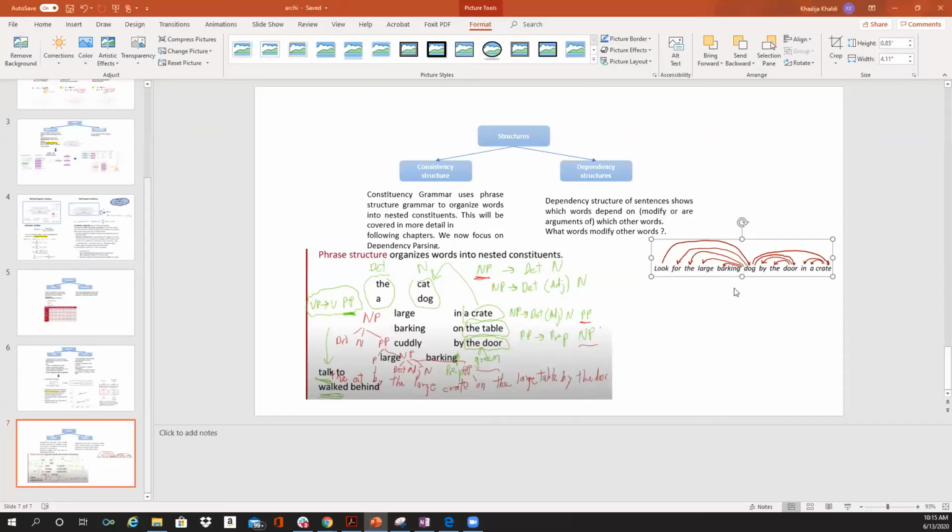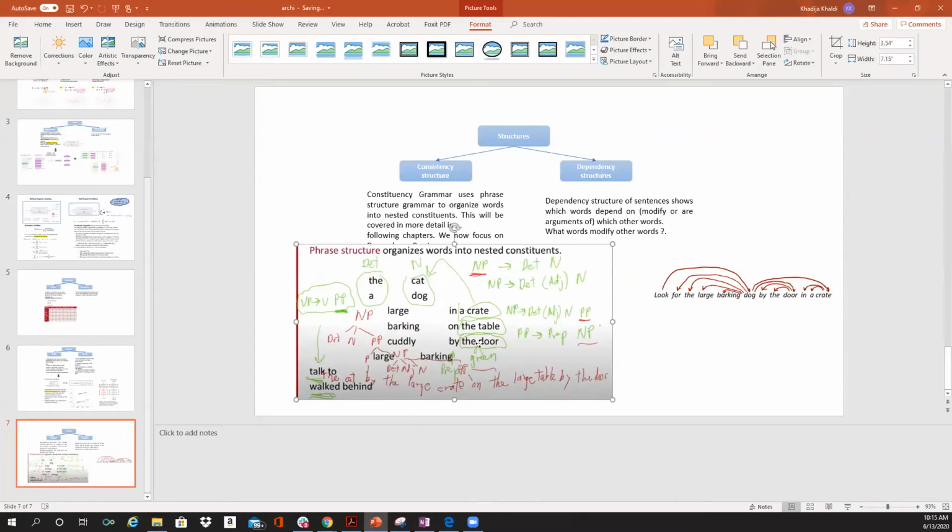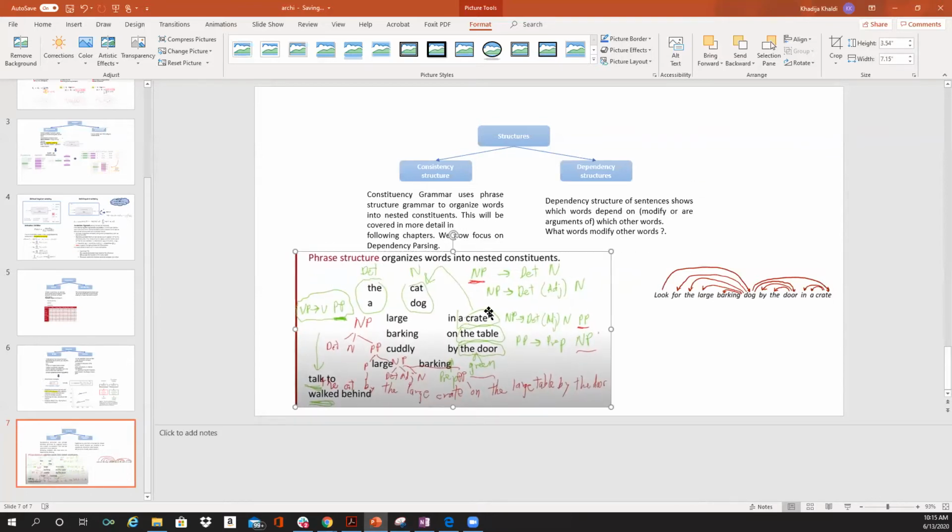Yeah, I can see it. Okay, so this is the example he gave in the lecture. You see, for example, the and a are like determiners, I forget, but anyway.